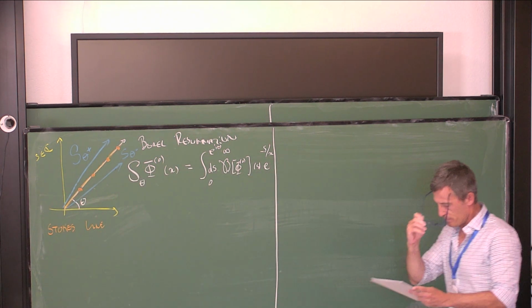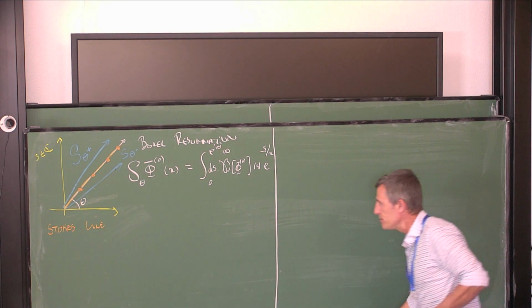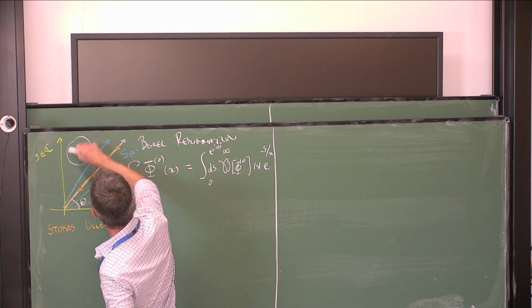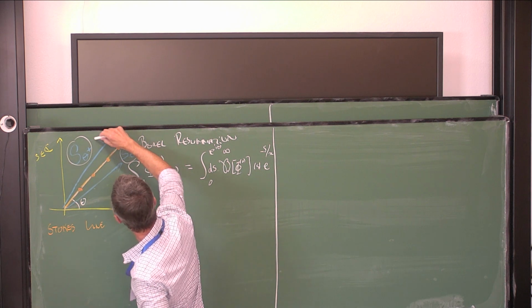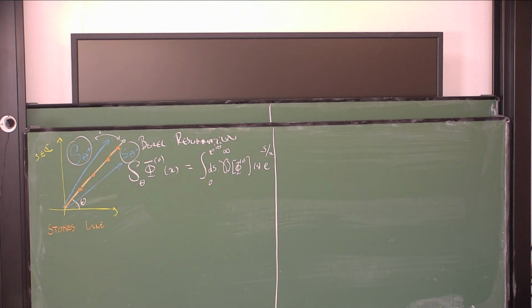And then you say, okay, great. Can I relate these two guys? Maybe. I'll come to that in a little bit. What is their relation? But for the moment, let's just assume that, okay, I can do it.